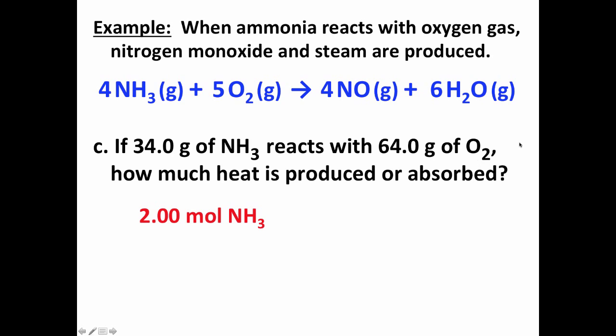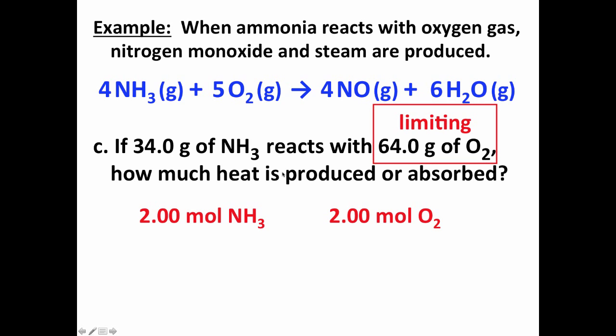And if you do the same thing with oxygen gas, you should find that that's 2.00 moles of O2. And now we note that since 4 moles of NH3 requires 5 moles of O2, if we have 2 moles of each reactant, then we are going to have a limiting amount of oxygen, because 2 moles of NH3 would require 2.5 moles of O2, so we're going to run out of O2.